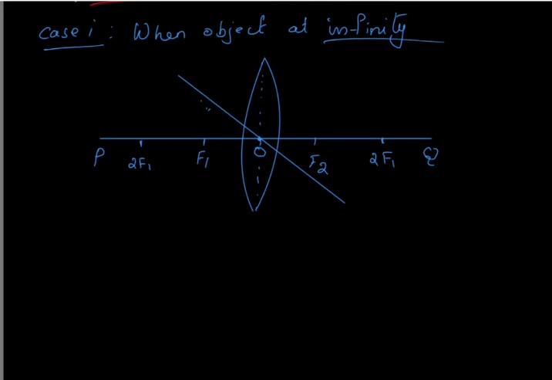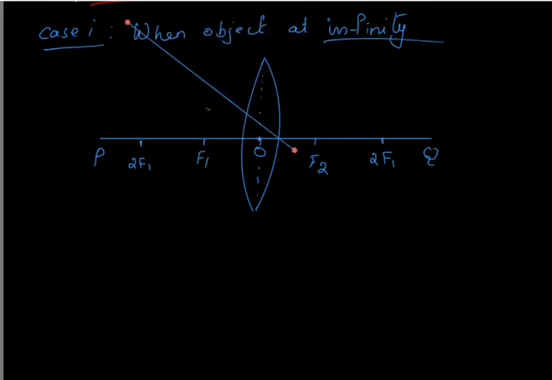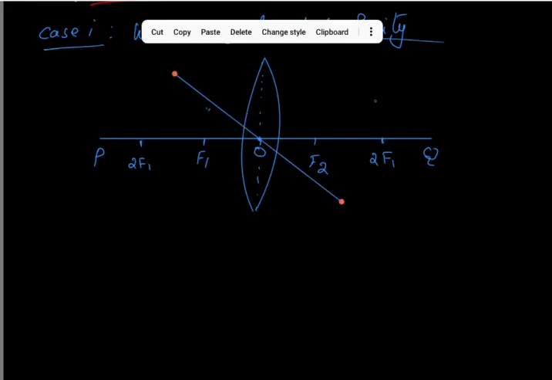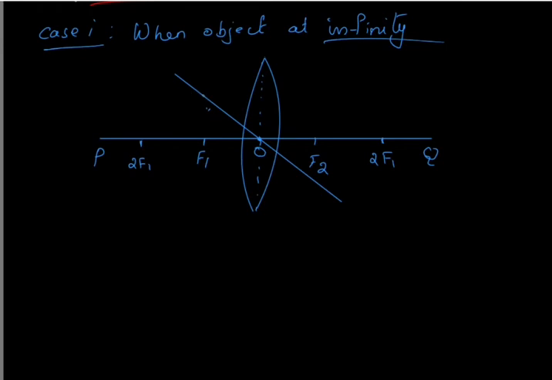Always remember, when you are showing the rays, you need to show the arrow marks indicating the direction of the incident ray as well as the refracted ray.